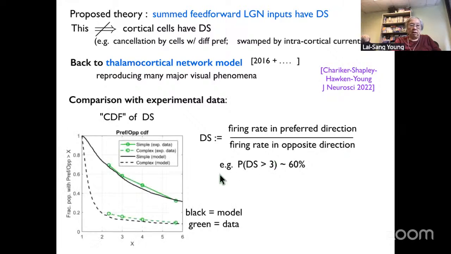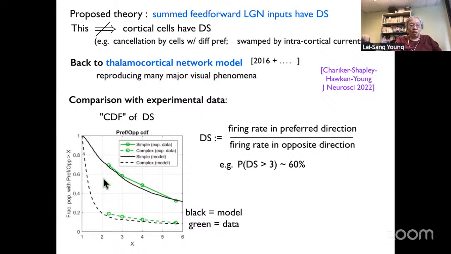And this is the high point of this paper. The green is experimental data and black is from the model. I wrote CDF, and then at the last minute I noticed that I actually had it backwards. It's bigger than X, so smaller than X would have been wrong.